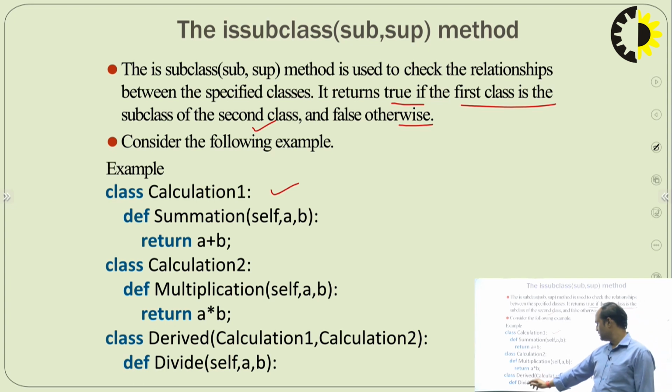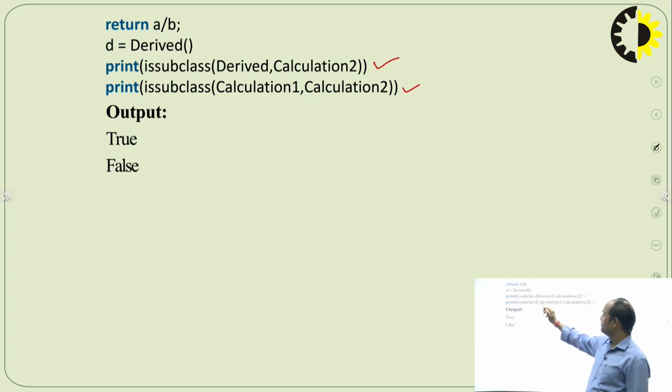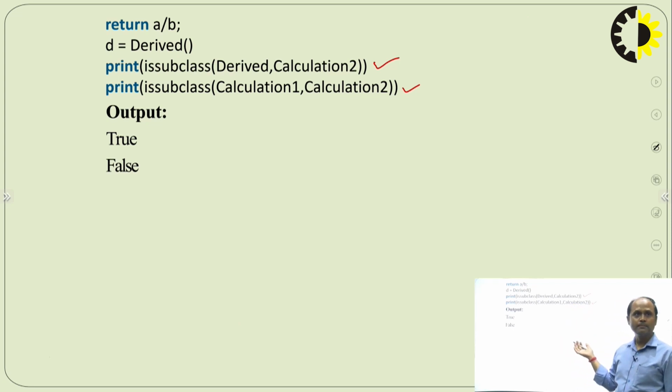Definition, we can create the divide function. And in the subclass and superclass concept, in this particular line, print issubclass derived calculation 2, and print issubclass calculation 1 and calculation 2. What is the output of this particular program?